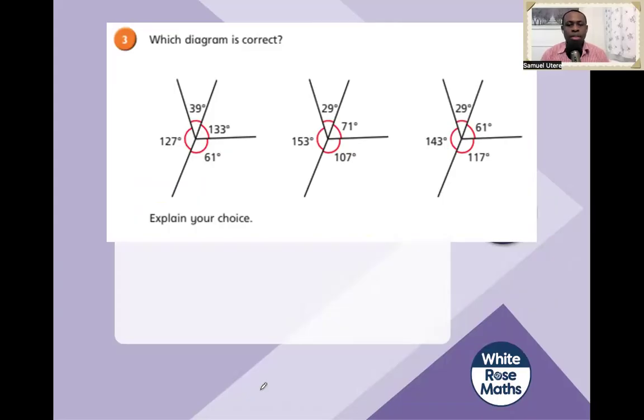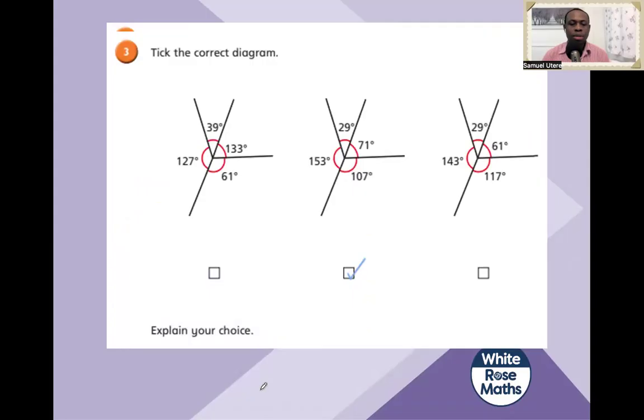Pause the video and answer question 3 in 2 minutes. Assuming you've paused the video and you've answered the question, here is the answer. So we were asked to tick the correct diagram. Well, you can see that the correct diagram is the one in the middle.